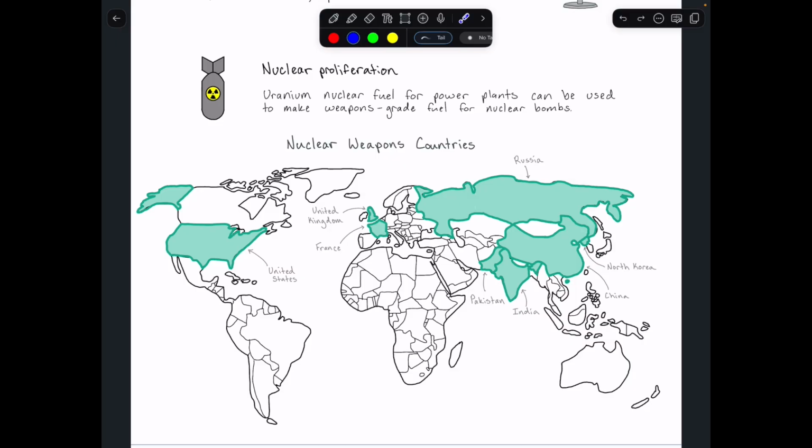So here I've sketched out a map of the countries that are confirmed to have nuclear weapons. So that includes the United States, the United Kingdom, France, Russia, China, North Korea, India, and Pakistan currently. But there are some concerns that if more nuclear reactors are built throughout the world, there are worries that more and more countries will have access to nuclear weapons.